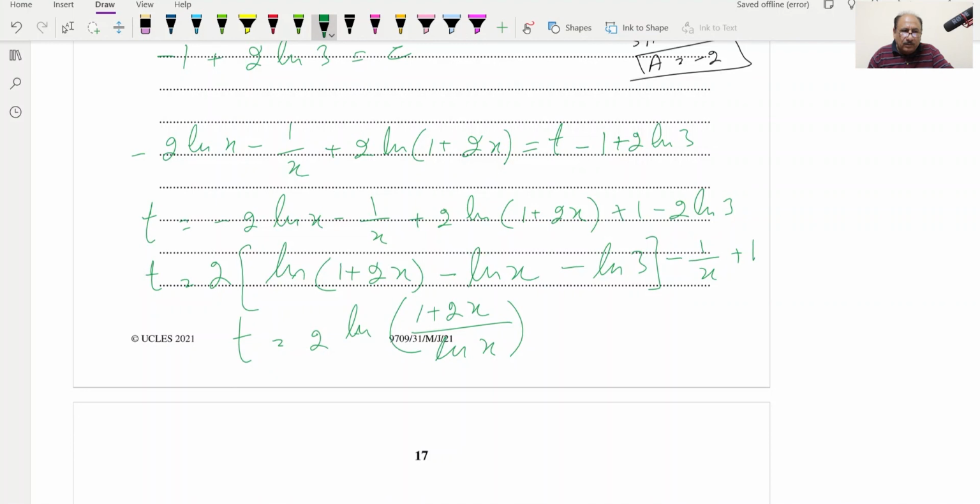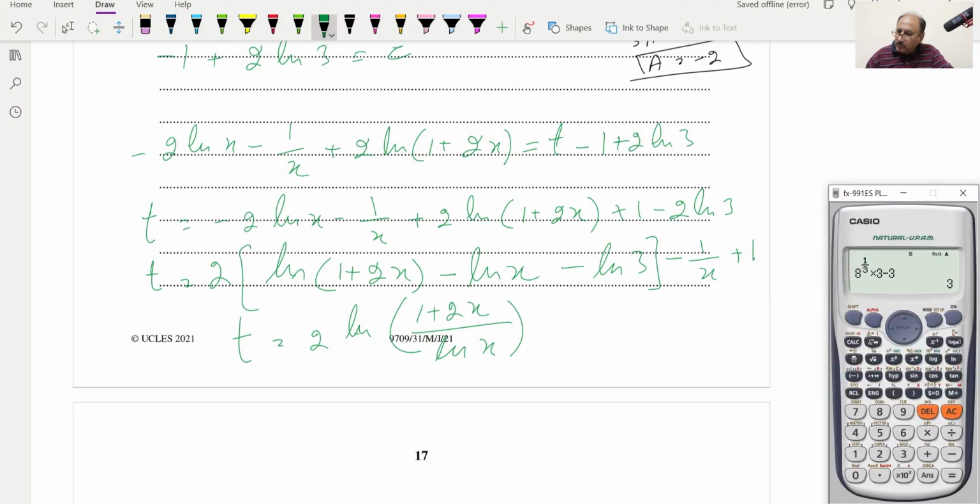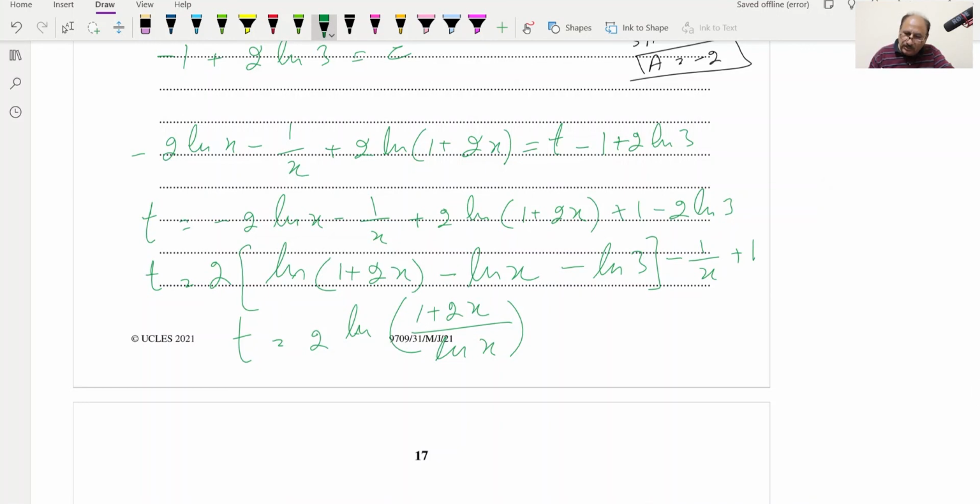So otherwise what we can do, we can combine this log also with this one, and we can shift 3 over here. So log a minus log b minus log c.